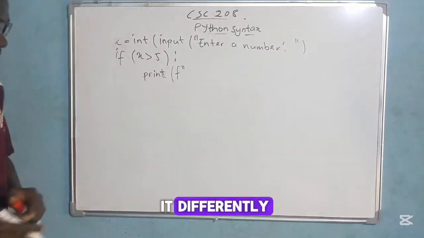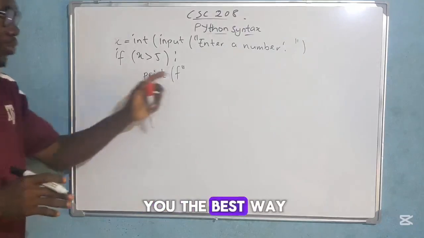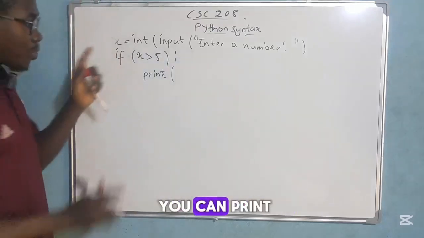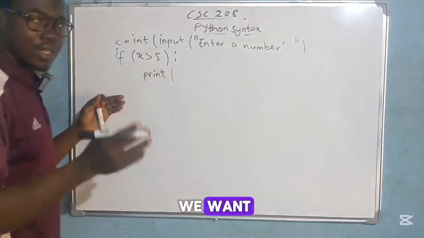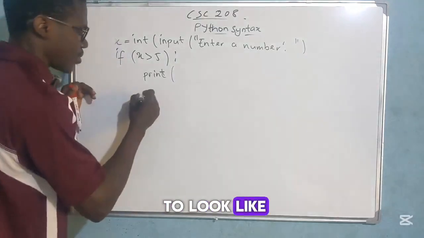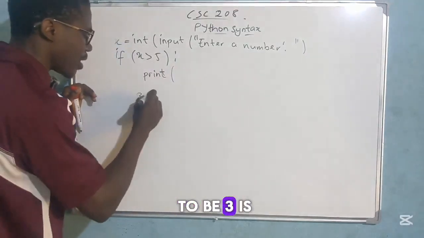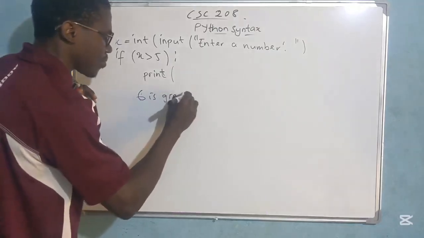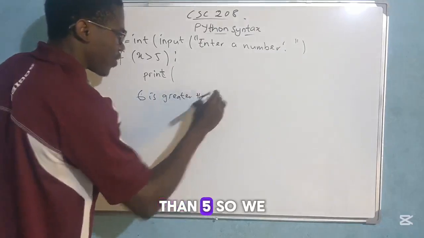You can do it differently, but I can tell you the best way to do it. There are two ways you can print, because we want our output to look like, let's say if x is 6, we want it to be 6 is greater than 5.